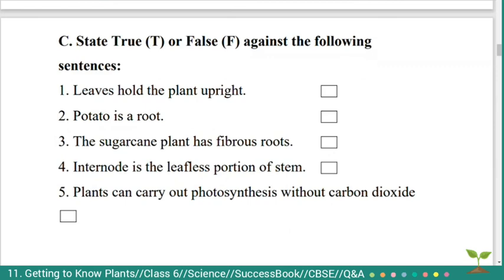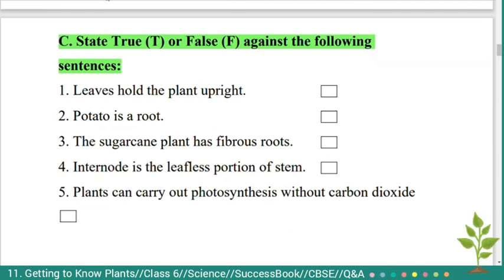Third main, C. State true or false against the following sentences. First one, leaves hold the plant upright. False.